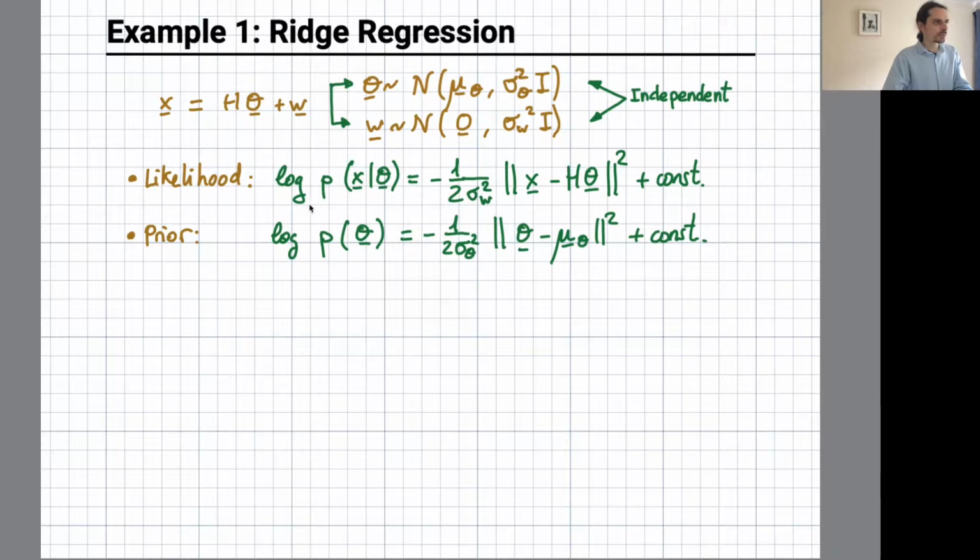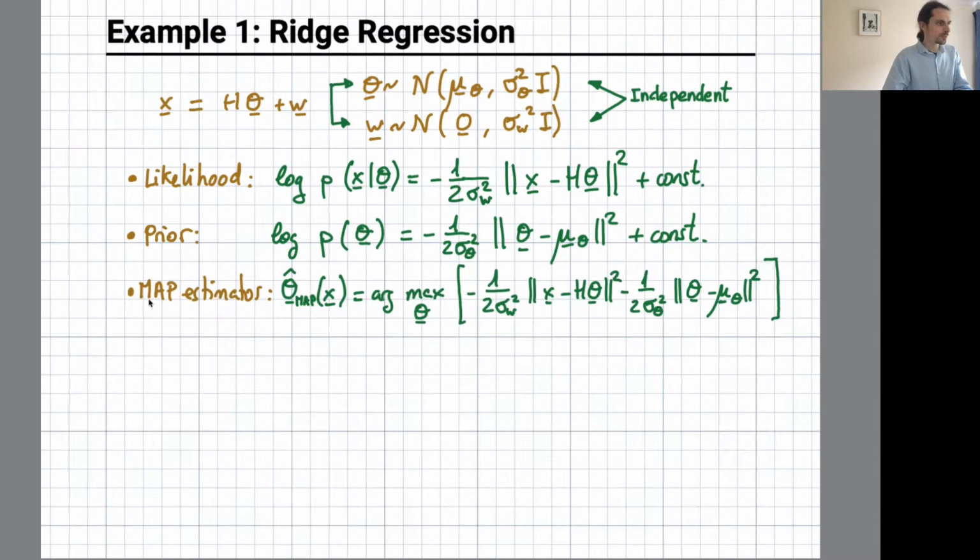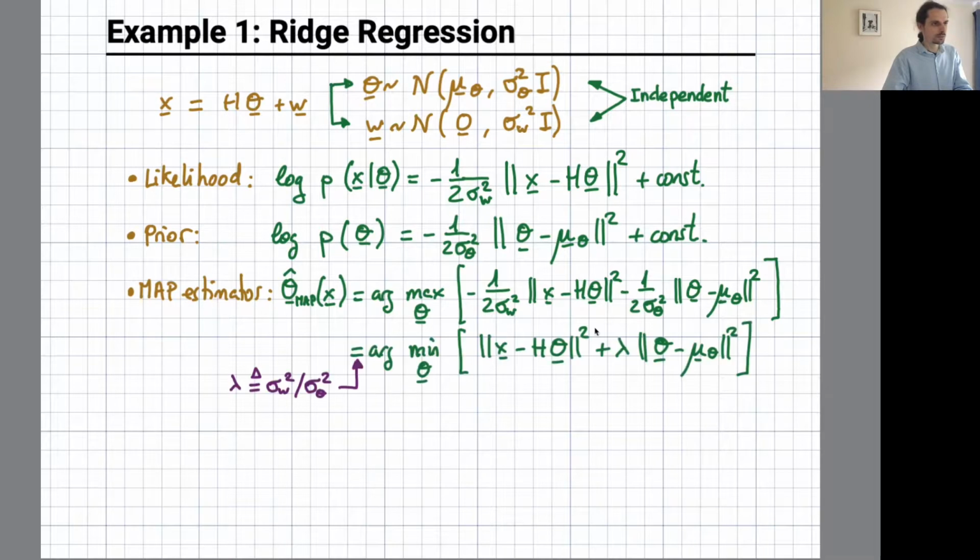The log prior can be found by taking the log of this PDF here, okay, and therefore for the same reason it is given by this. The maximum a posteriori estimator therefore maximizes this term plus this term here. And this expression can be simplified by multiplying this objective by -2 sigma w square, right?